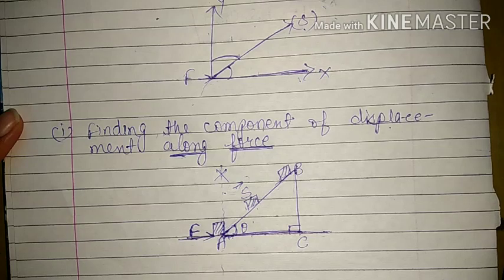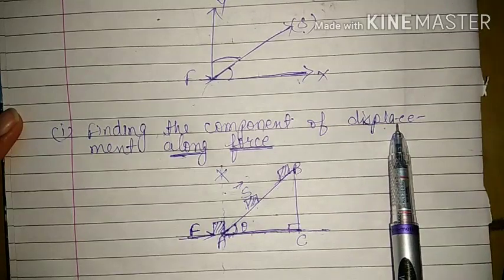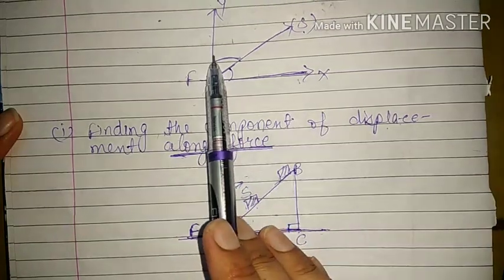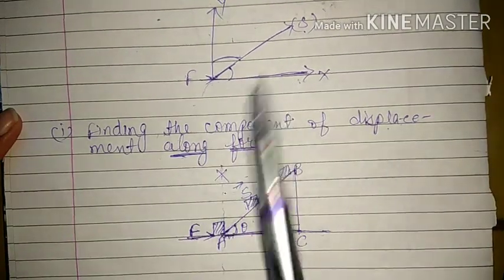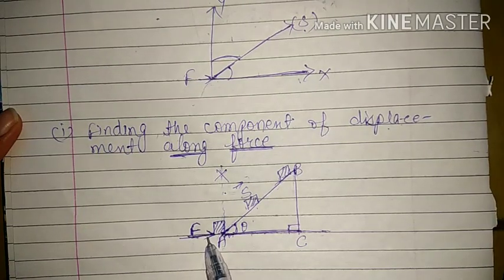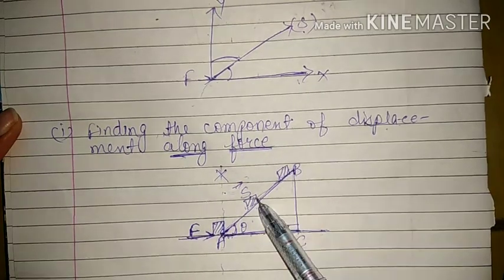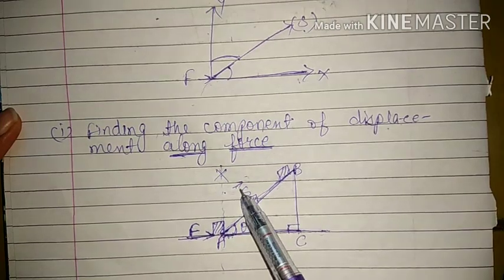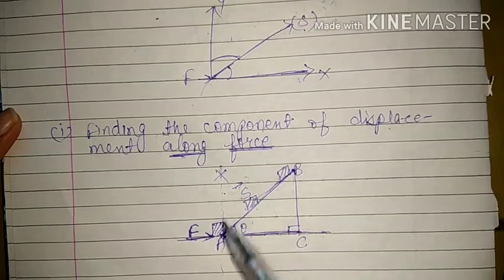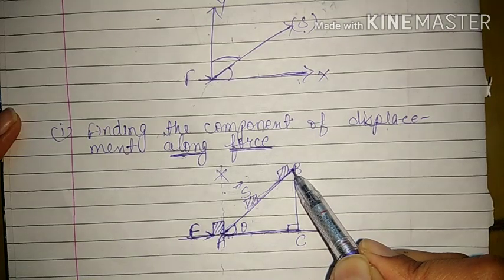Let's see this once again. Our first method is to find the component of displacement. Any vector quantity has two components, one vertical and one horizontal. There was one object and we applied some force on it. Because of this force, the object starts moving along an inclined path, and this is the displacement S, the distance covered from here to here.